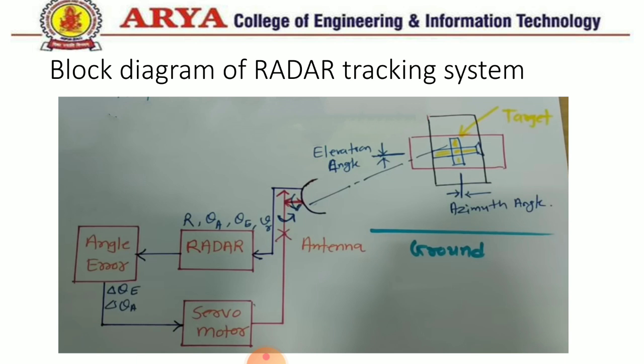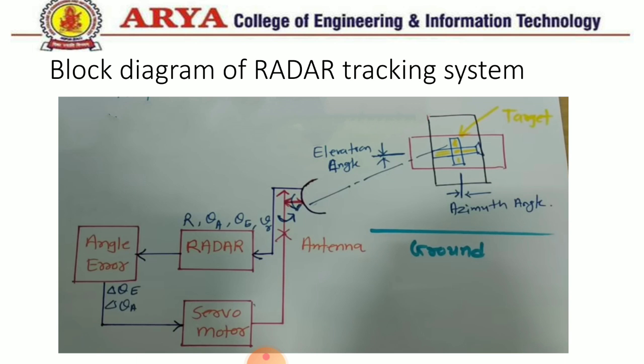We give that to the antenna, and based on that we can turn the antenna position by azimuth angle correction and elevation angle correction. If I revolve this antenna by this, it will be correcting the elevation angle.